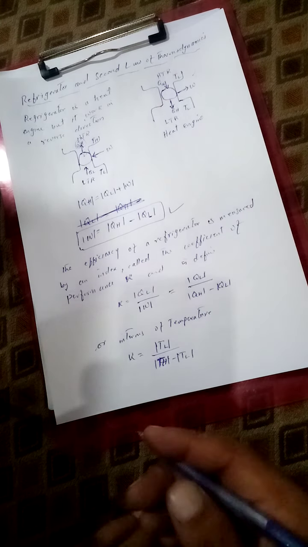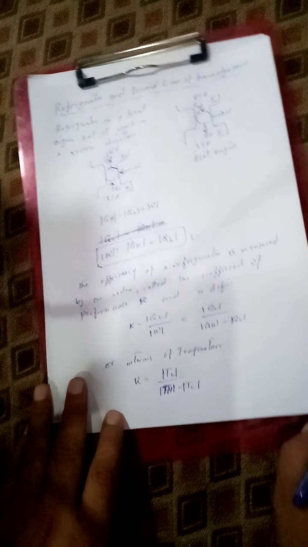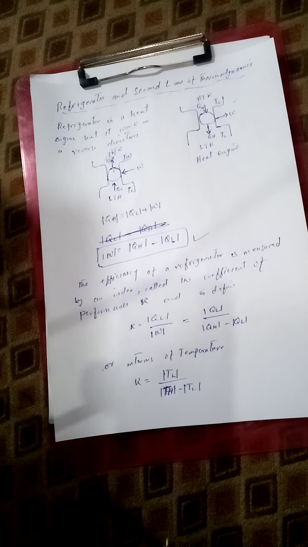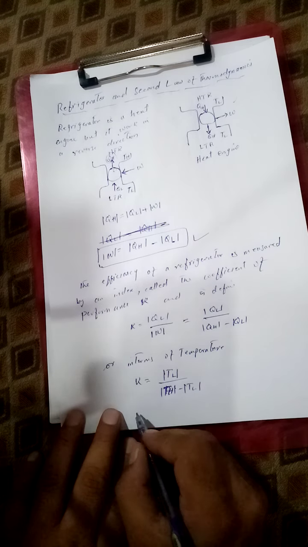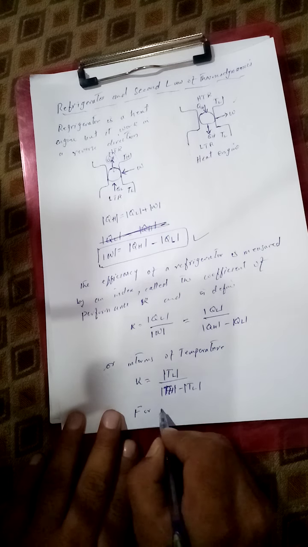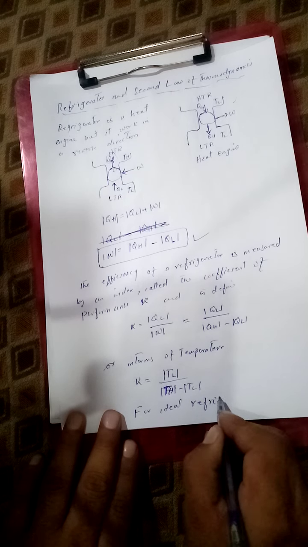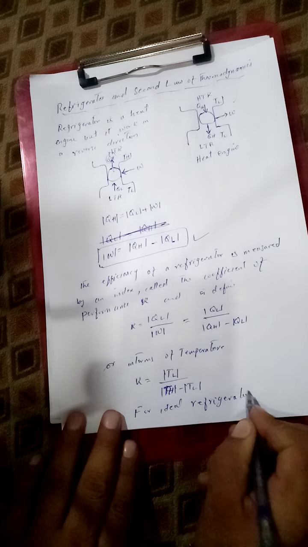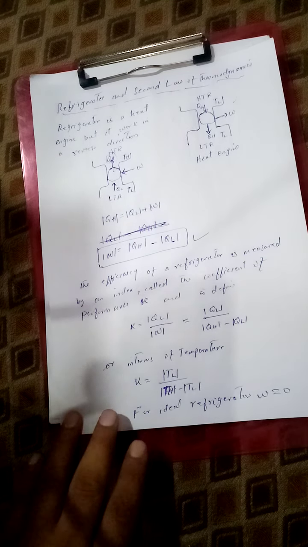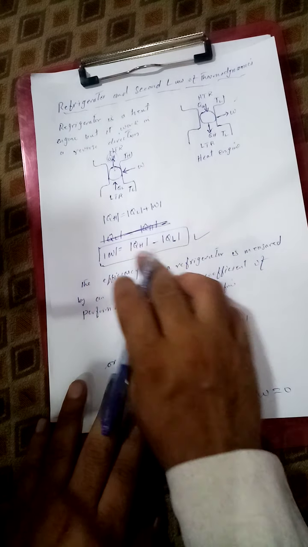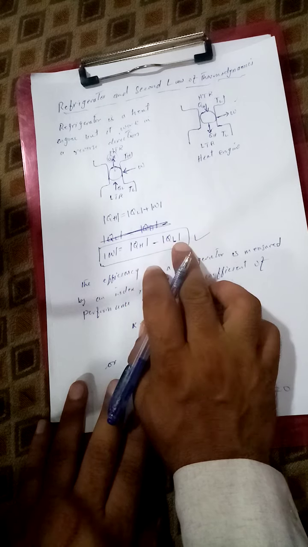For an ideal refrigerator, a refrigerator in which the heat given by the low temperature reservoir is transferred totally to the high temperature reservoir, the work done must be 0. And if work done is 0, then QH minus QL is equal to 0.